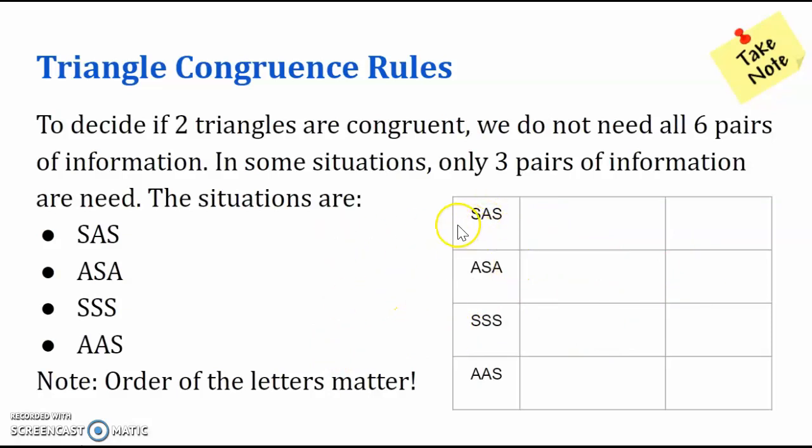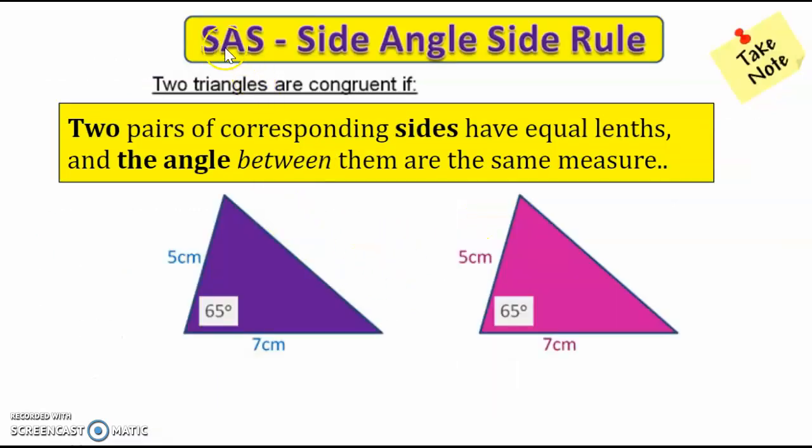So we'll go into detail on side-angle-side. What do we mean by SAS? We mean the side-angle-side rule. Two triangles are congruent if two pairs of corresponding sides have equal length and the angle in between them has the same measure. Is that the included angle? You have two sides, 5 and 5, that's one pair, and 7 and 7, that's the second pair.